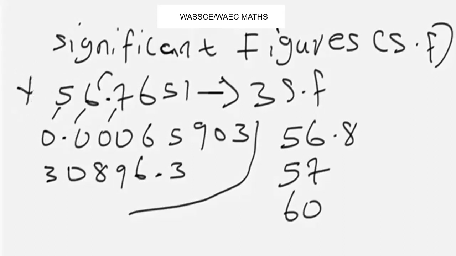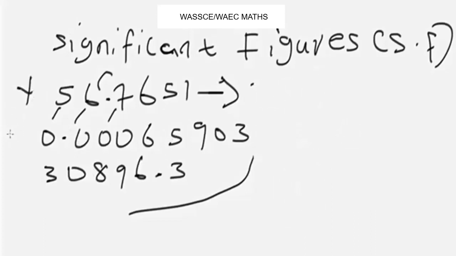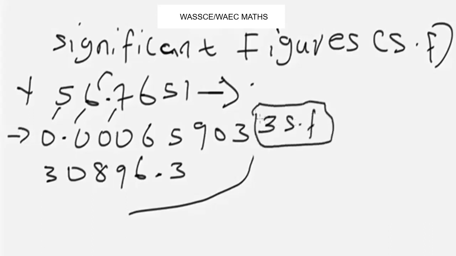Let me wipe this place so we have space. For this example 2, what if you are asked to round it to 3 significant figures? Remember, significant figures start from non-zero numbers. So these zeros here are not significant figures.